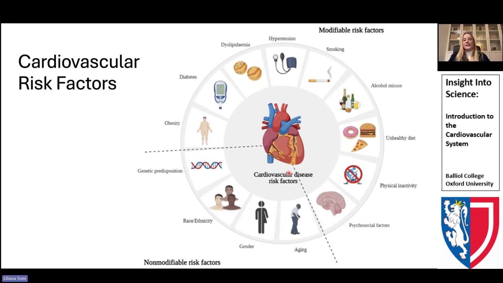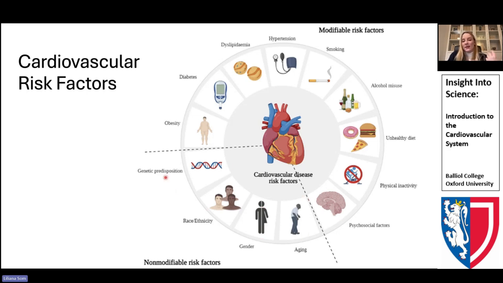So there were a variety of risk factors in this medical history, and I'm sure you can tell that some of them are out of your control. Those we would call the non-modifiable risk factors. Here we would talk about the genetic predisposition, the family history. Race and ethnicity are also a risk factor for cardiovascular disease, so is gender and aging.